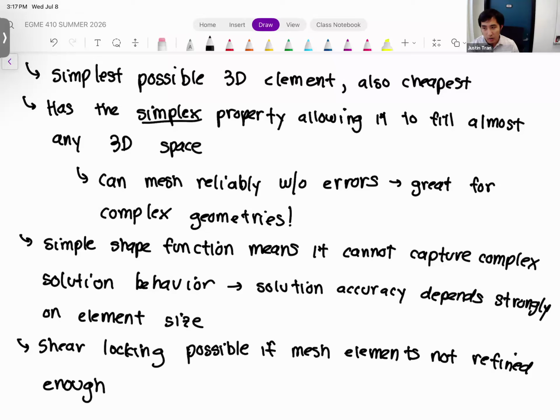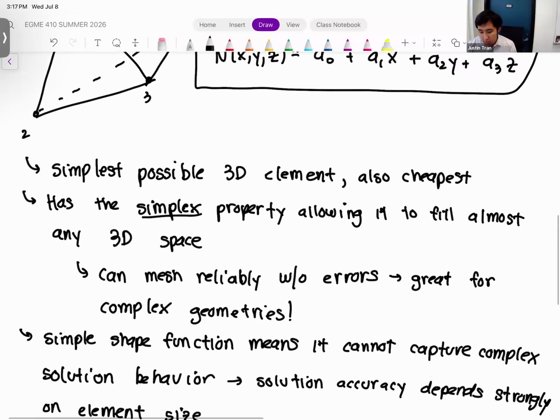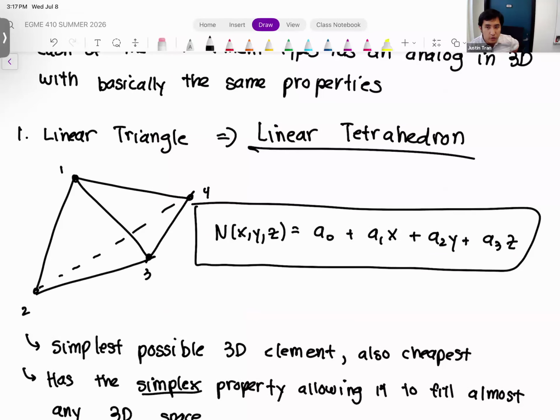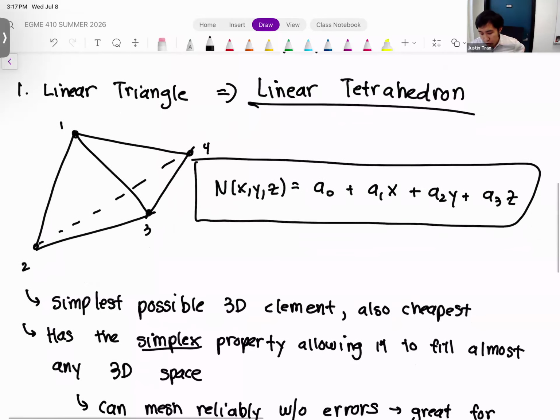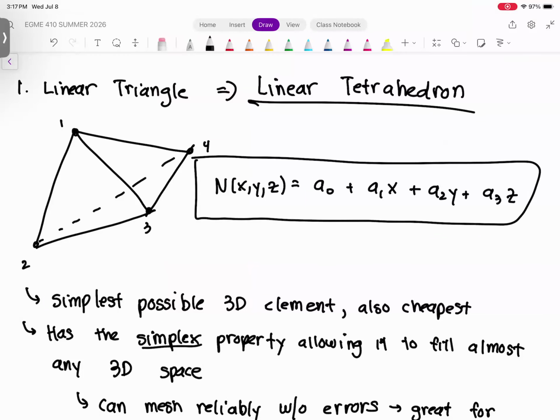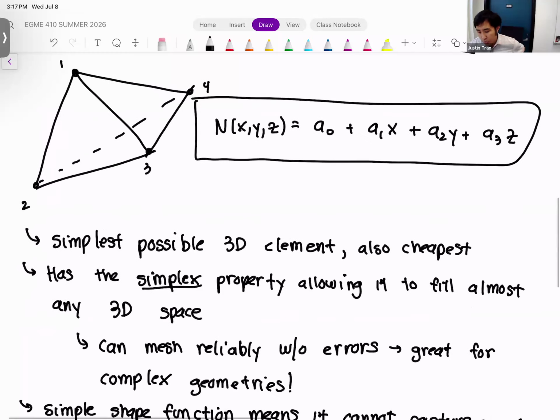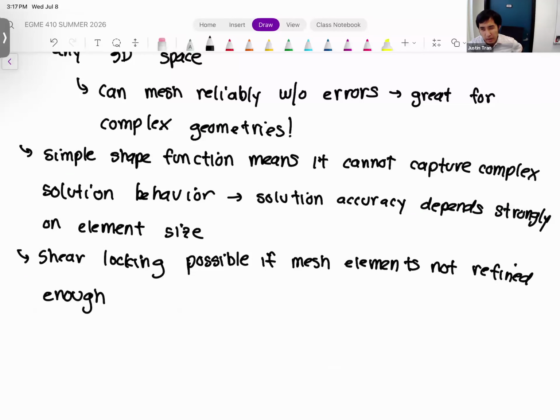And so the meshing is going to give you an error. It's going to say that it can't create a mesh in this situation. And so in those situations where you're even just struggling to get a mesh, because that itself is not a given, it's usually not a bad idea to start with the linear tetrahedron just to be able to get a mesh. But then when you actually go to solve for the solution, the linear tetrahedron has more restrictions on it, where you have to refine your mesh. You have to make the mesh elements small enough to make sure that your finite element solution is reliable and accurate.